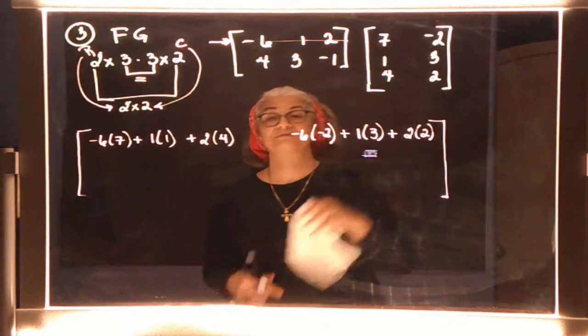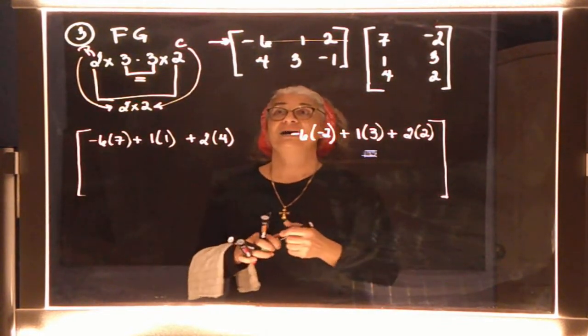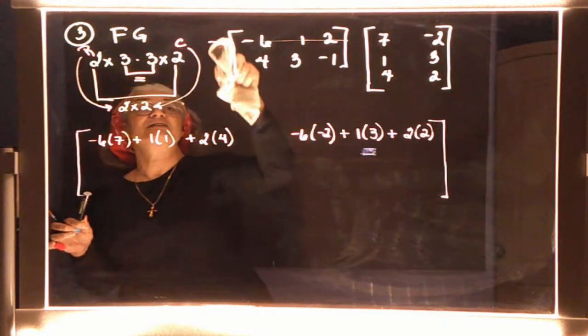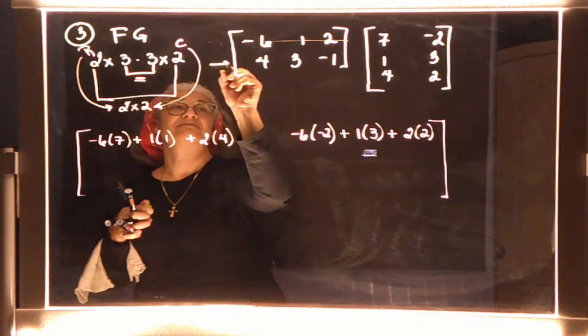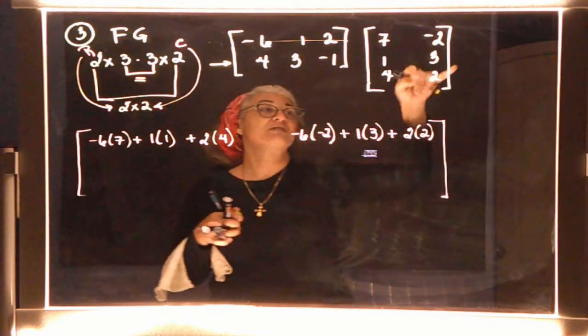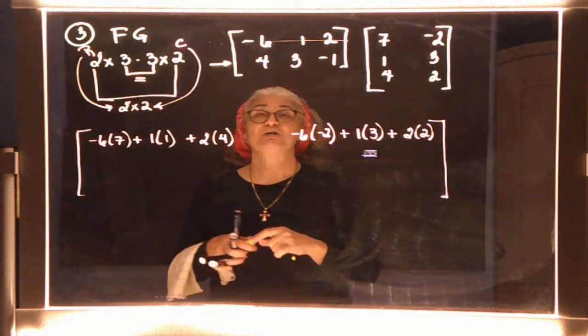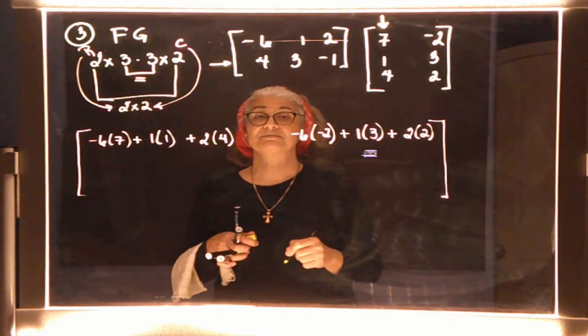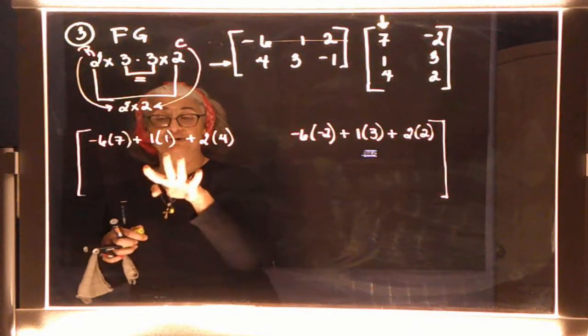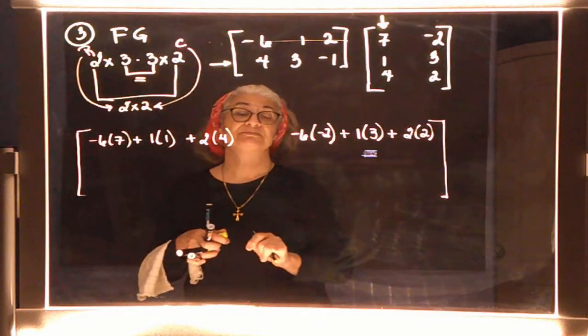Now, I need to work on the second row to each of these columns. So we're going to do second row to first column right now. My answer goes in the second row, first column spot.